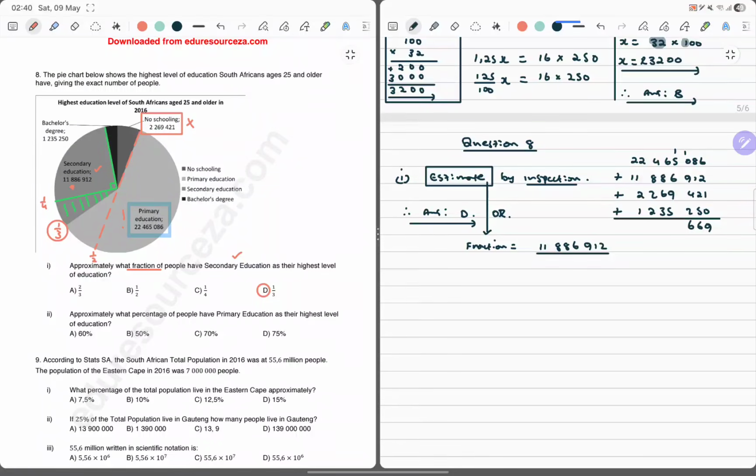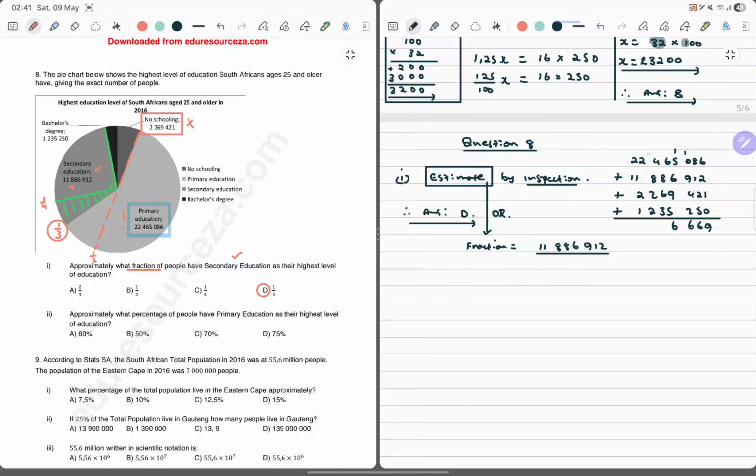We carry 1. 1 plus 5, 6, plus 6, 12, plus 9, 21. Then 26.